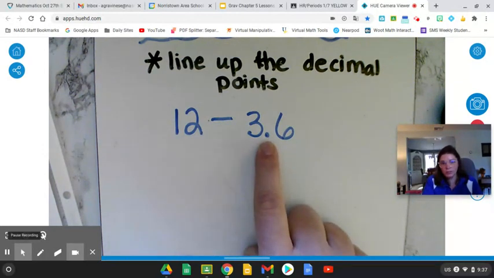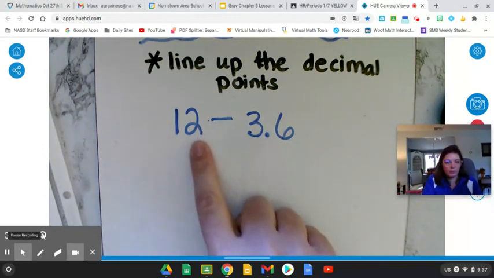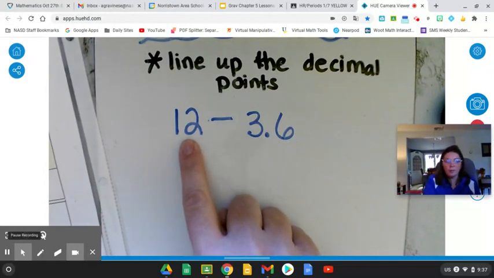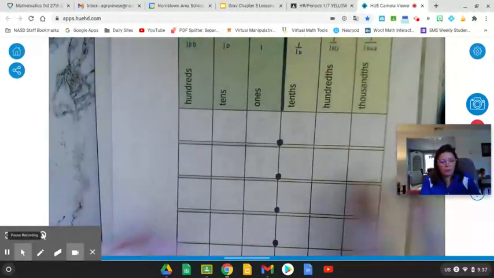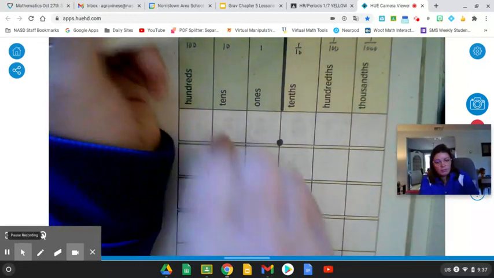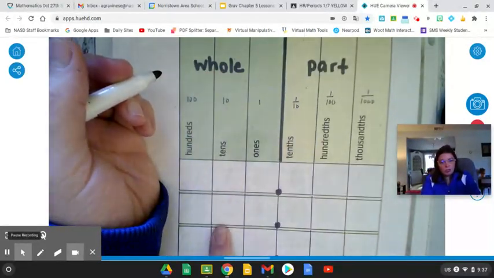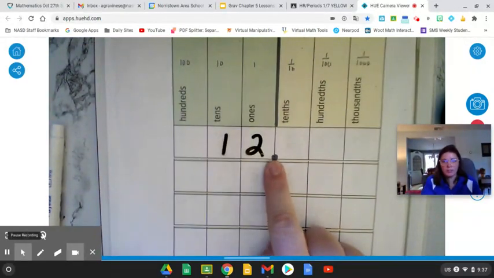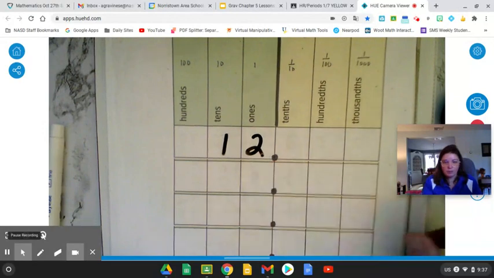They can clearly see a decimal point here, but they're like, well, wait a minute, where does the decimal point go for the 12? Using a place value chart can remind you, hopefully, that 12 is a whole number. So when we put it on our place value chart, since it's a whole number, it's in the whole section. 12 is right here, which means that the decimal point lives at the end of it.